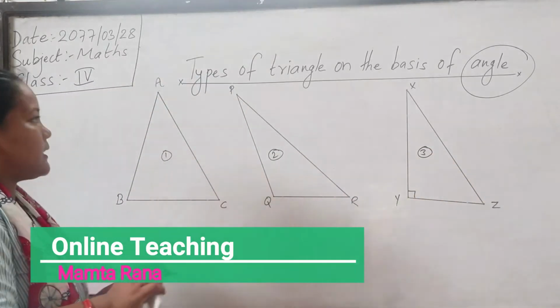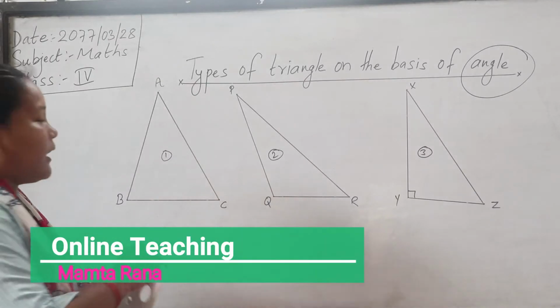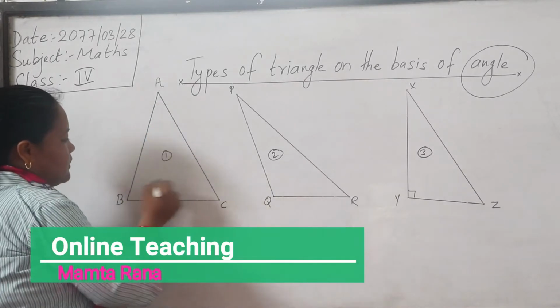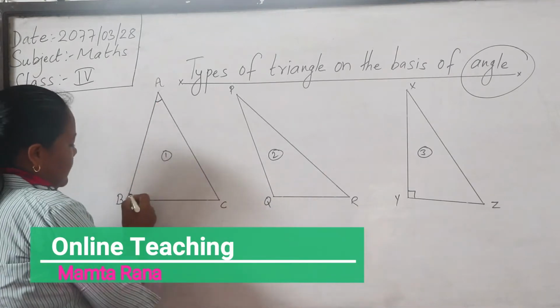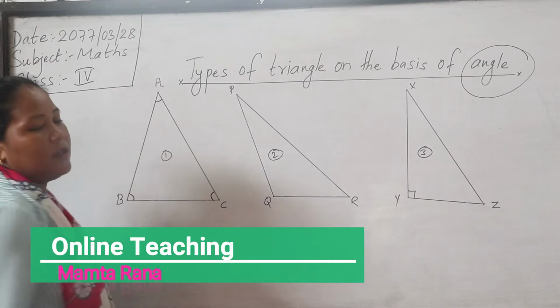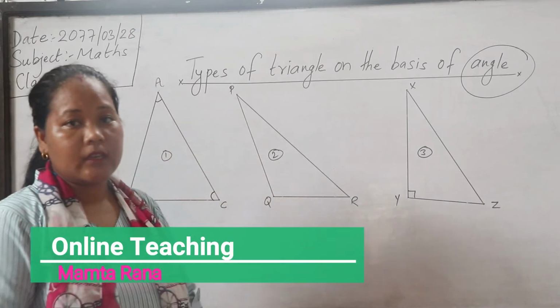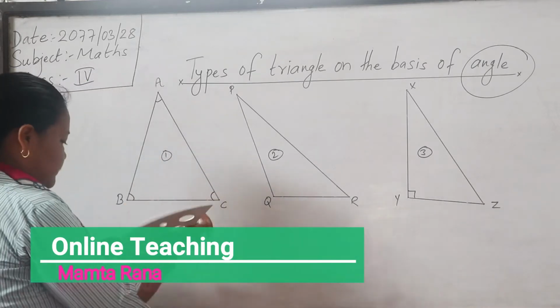Let's measure their angles. A triangle has 3 angles: angle A, angle B, angle C. Let's measure them. What will we find here?